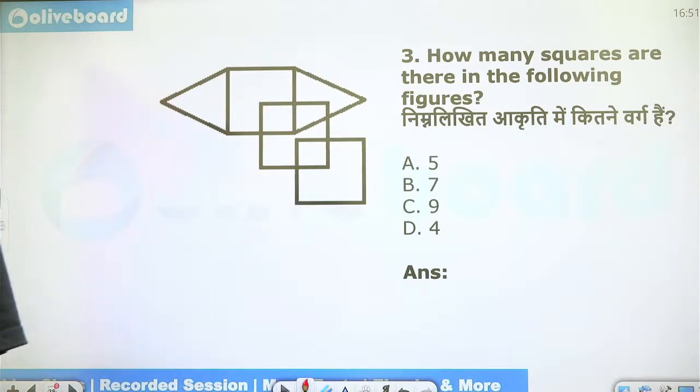Next. How many squares? Okay, this one is actually pretty easy.